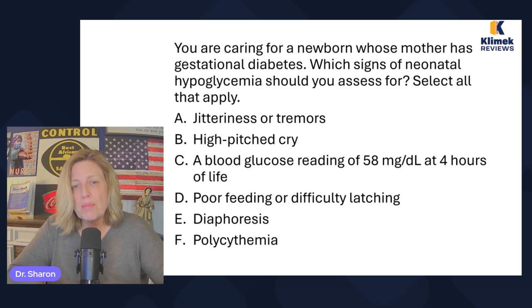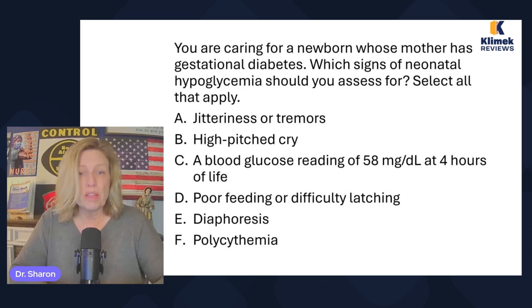Poor feeding or difficulty latching. So I would expect the baby, yes, they could be jittery or tremors, but they could also be lethargic, right? Because if they're hypoglycemic, they could be lethargic. So if they have poor feeding or difficulty latching, that could be because they're tired, lethargic. So that could be an issue. Is diaphoresis a typical symptom of hypoglycemia? It is. It's a sympathetic nervous system response. So yes.